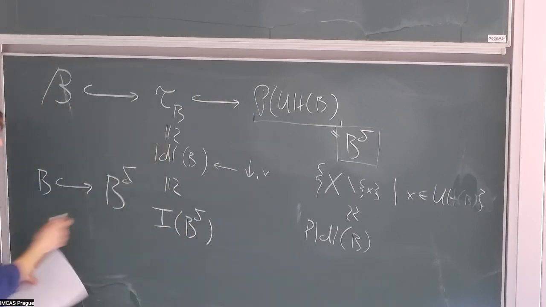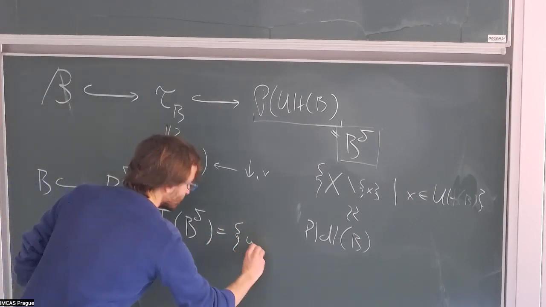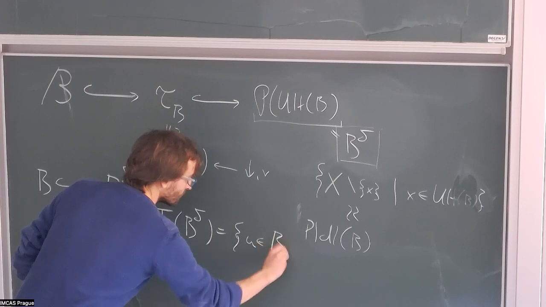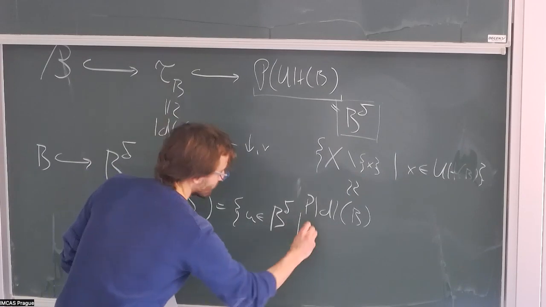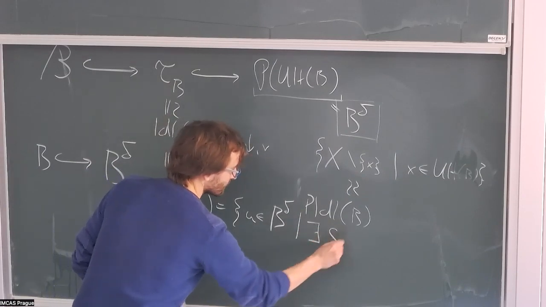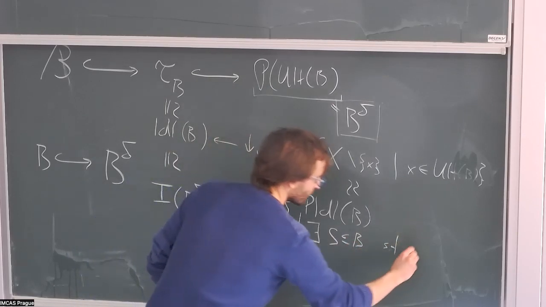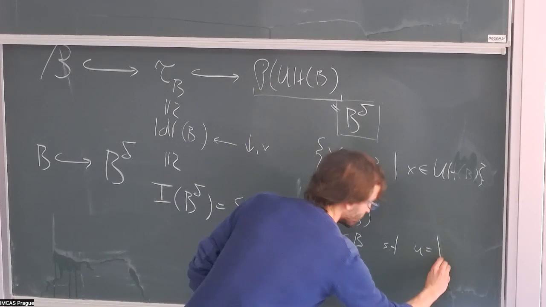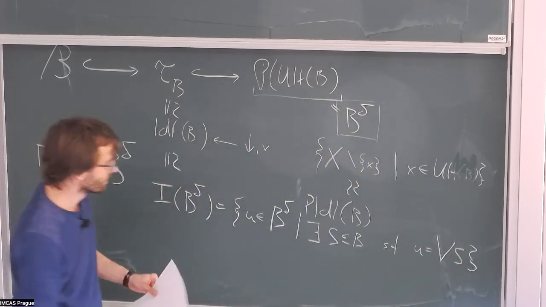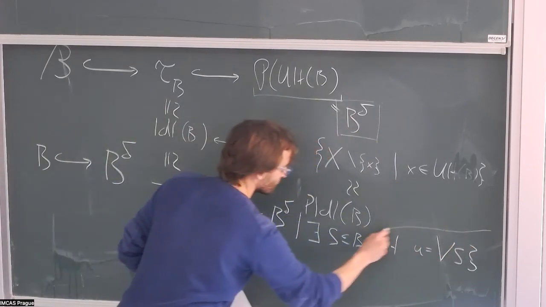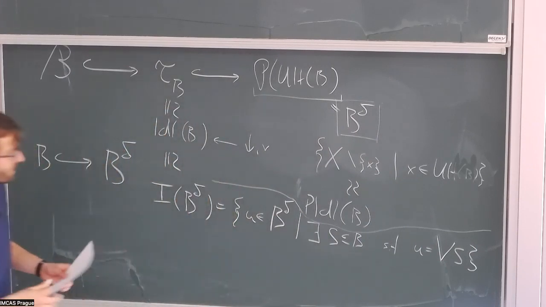So I mean, it's the same thing, right? But you can view that as elements U in the canonical extension, for which there exists a set in B such that U is precisely the join of that set, right?